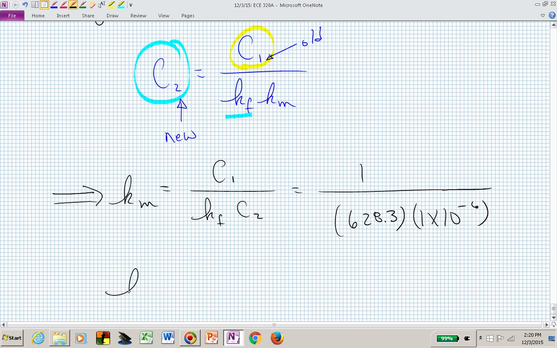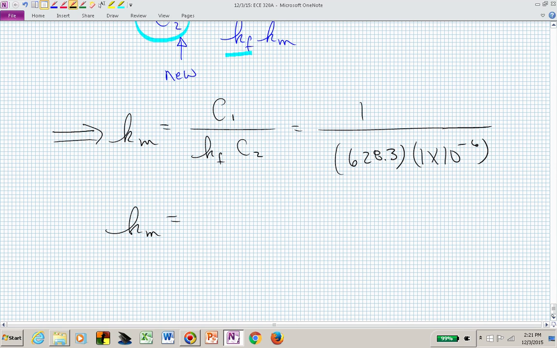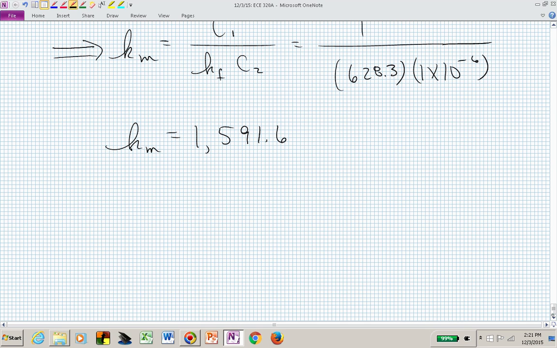If we plug those numbers into a calculator, we end up with K sub m being 1,591.6. We can now use that magnitude scaling to scale all of our impedance values, which are just resistors.